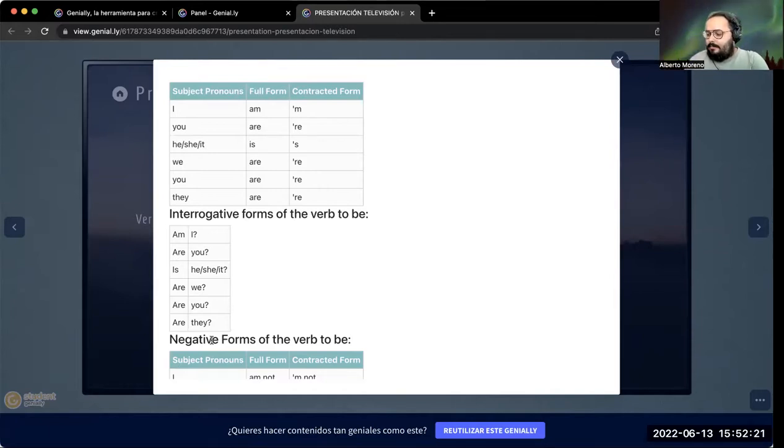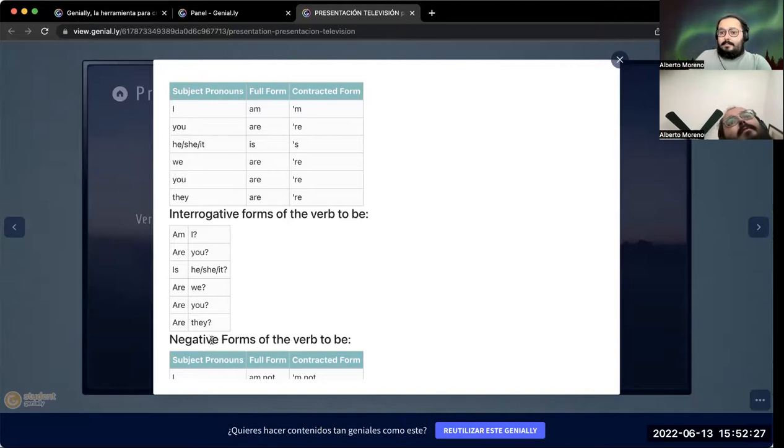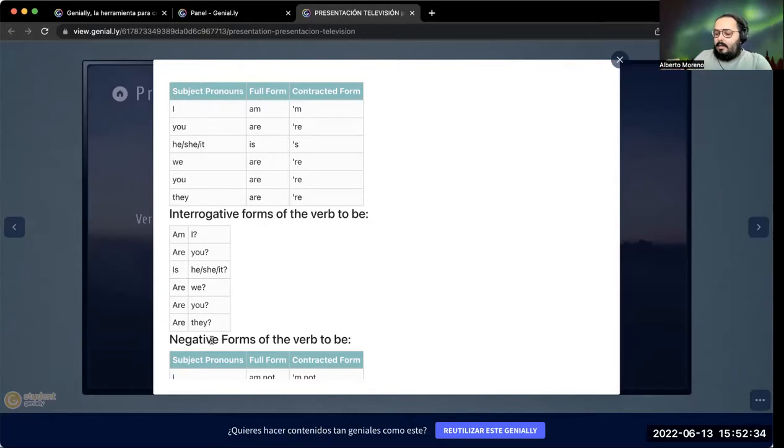Sorry. There it is. I need to use this pencil in order to make notes.